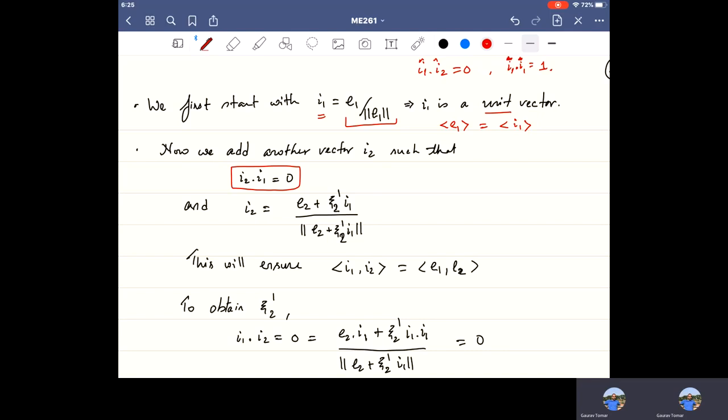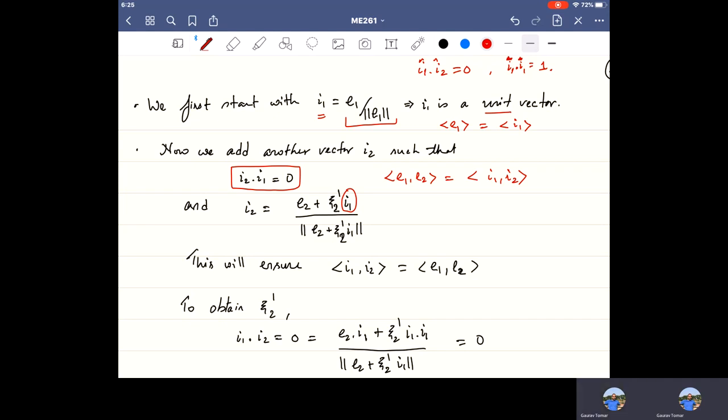For this, because we want the span of E1, E2 to be the same as the span of I1, I2, we need to get the components of E2. So we define I2 as E2 plus a component along I1, in a way that takes away the component of I1 from E2.